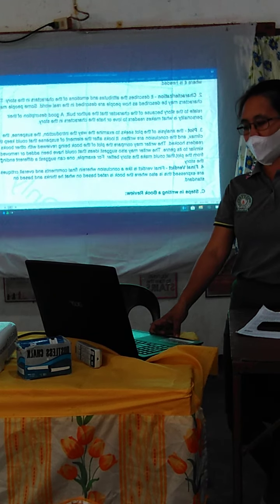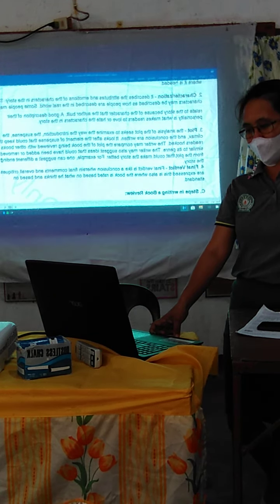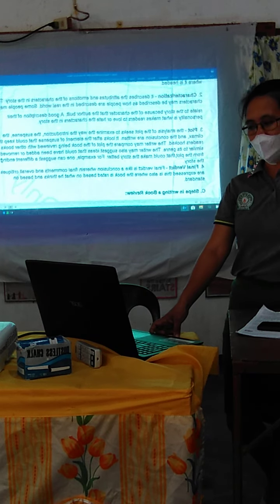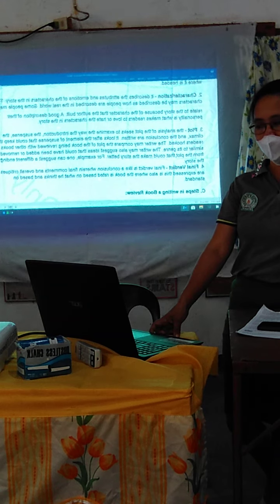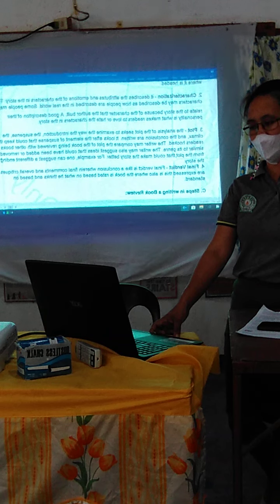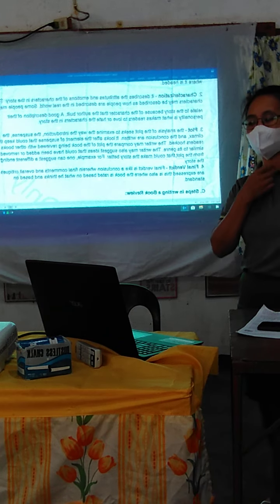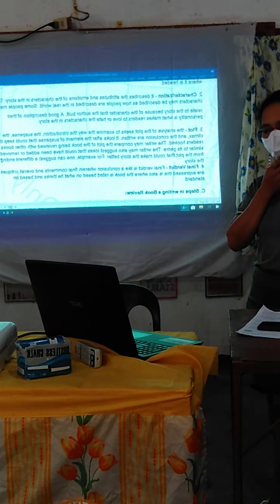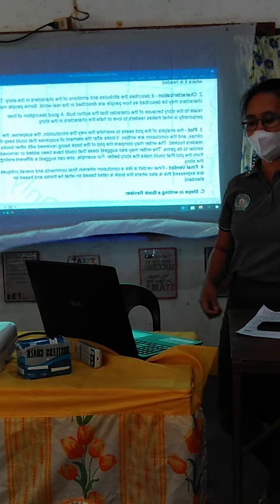The writer may compare the plot of the book being reviewed with other books similar to its genre. A genre may be poetry, drama, fiction, or non-fiction. The writer may also suggest ideas that could have been added or removed from the plot to make the story better.